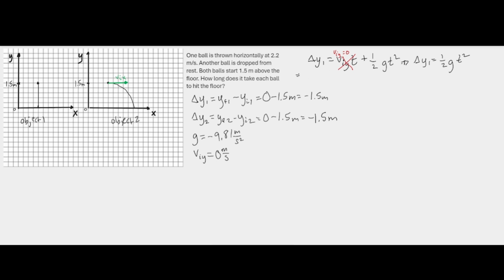So this becomes 2 delta y1 equals g t squared. I divide both sides by g, and this becomes 2 delta y1 divided by g equals t squared. Now I can take the square root of both sides of the equation and solve for t. So t is equal to the square root of 2 delta y1 over g.